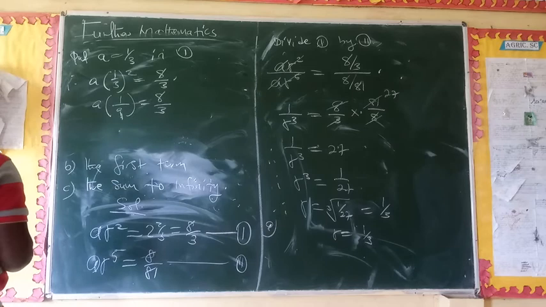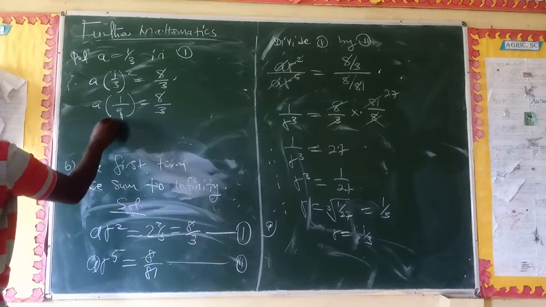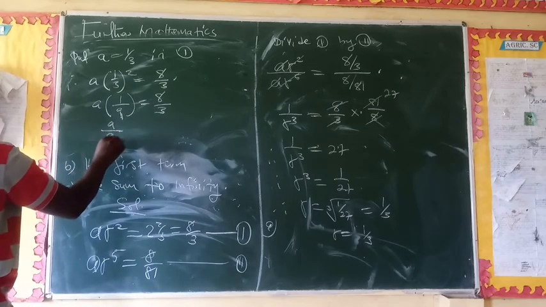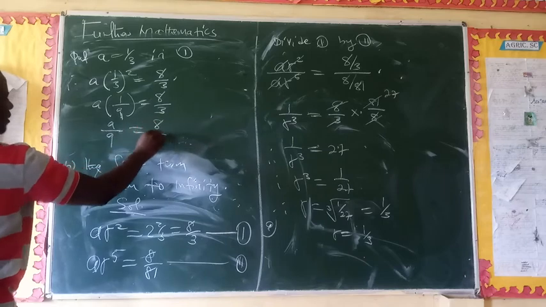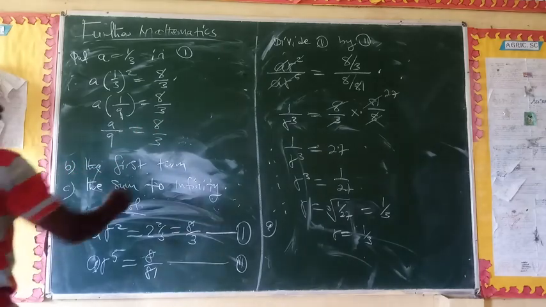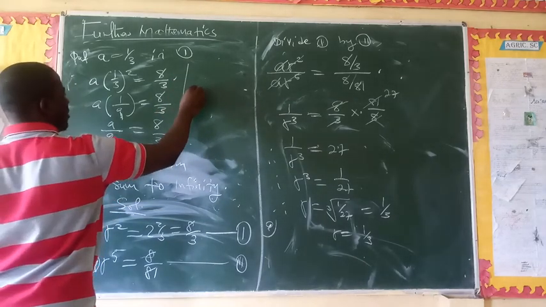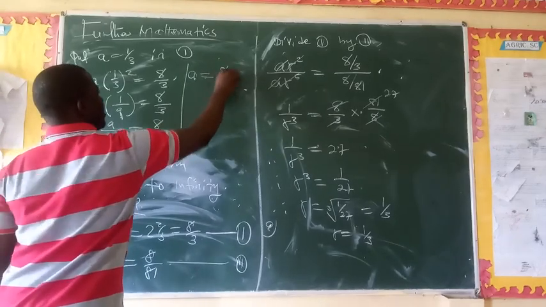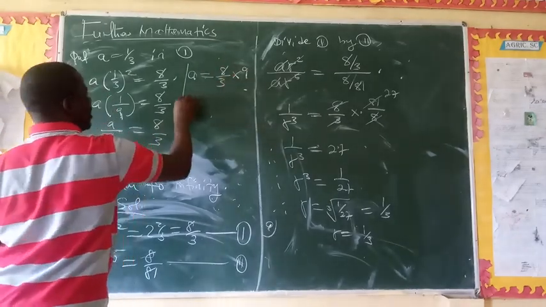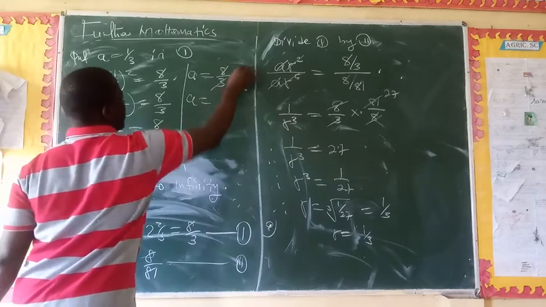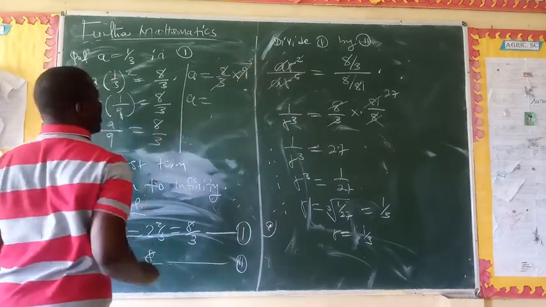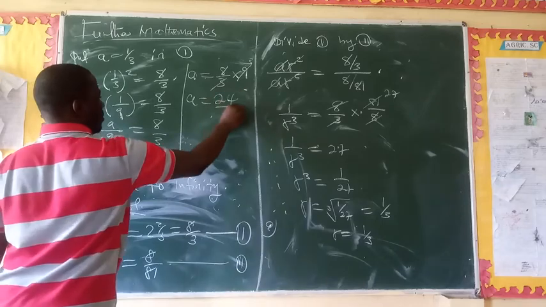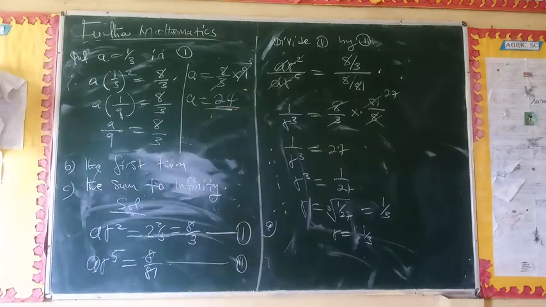So a over 9 is equal to 8 over 3. When we cross multiply, a is equal to 8 over 3 times 9. So a is equal to 3 times 8, which is 24. So the first term is 24.